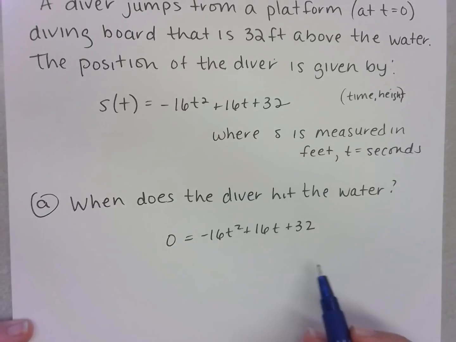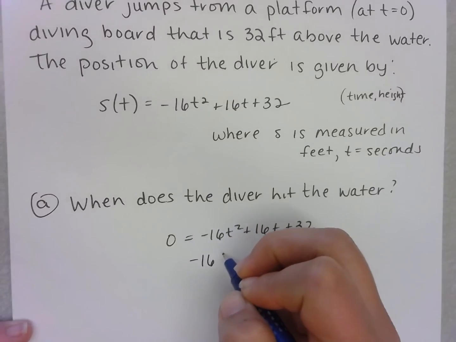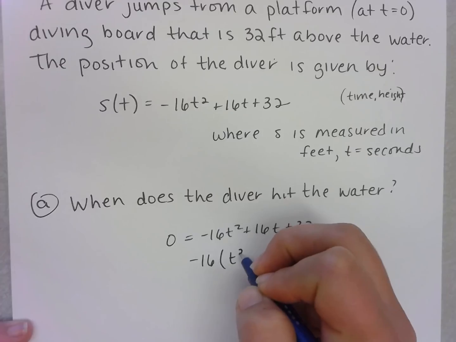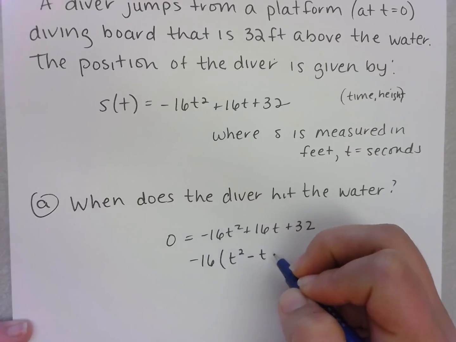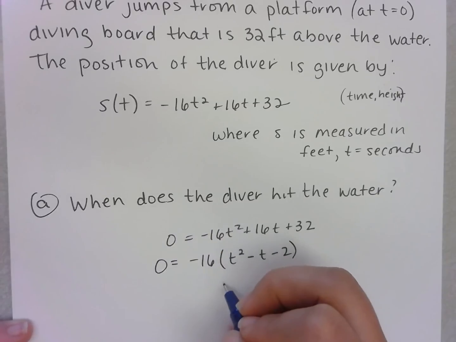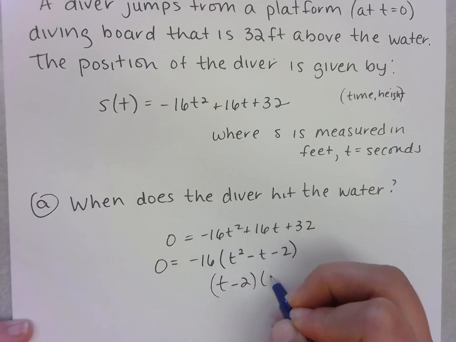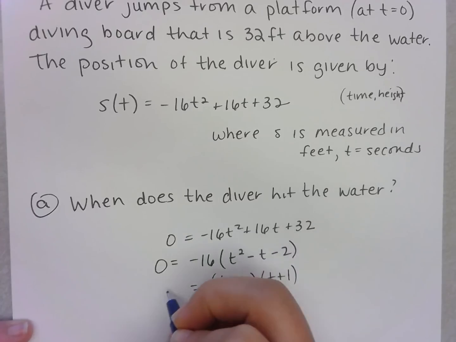I know this is a quadratic that I want to factor, and I'm seeing common 16s everywhere. So I'm going to factor out a negative 16. That'll give me t squared minus t minus 2 equals 0. I can factor this to t minus 2 times t plus 1 equals 0.